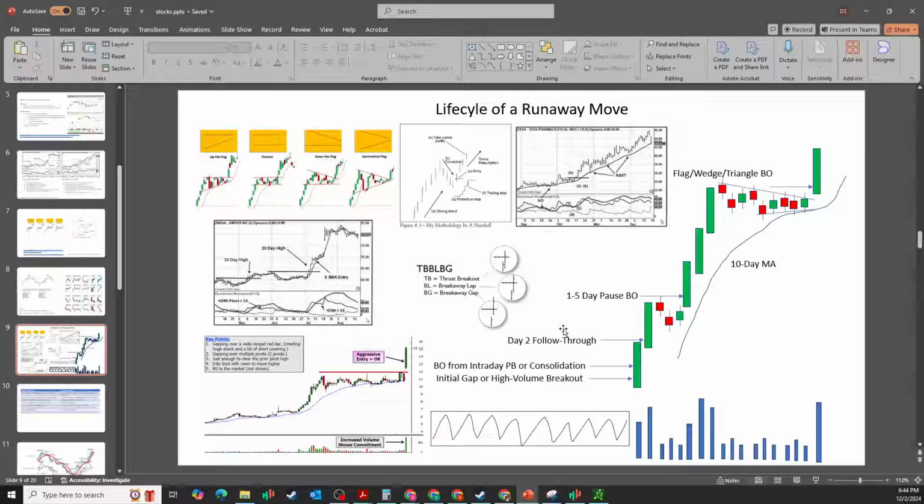It's just this short-term pause where the price action gets tight, the volume dries up. And then what you're looking for is a breakout above that range, which kickstarts the next leg up. So again, you have this initial impulse above the larger base, this is the initial breakout. And then at some point you'll have a couple of days of consolidation.